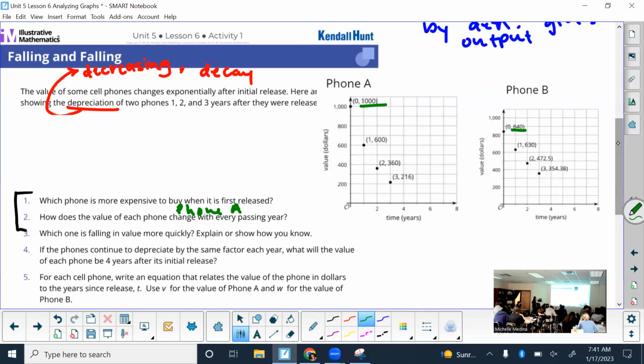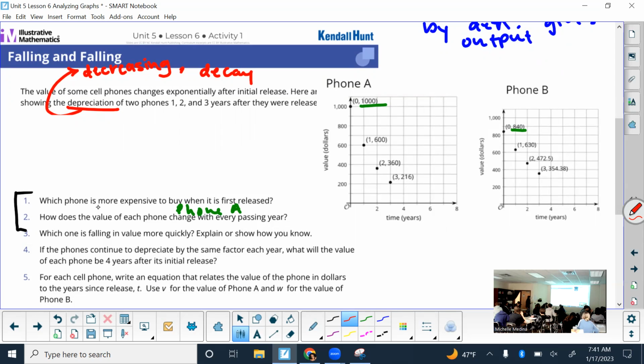How does the value of each phone change with every passing year? So table 3, can you tell me how phone A changes each year? So is it by 400 every year? No. So it's different year to year.